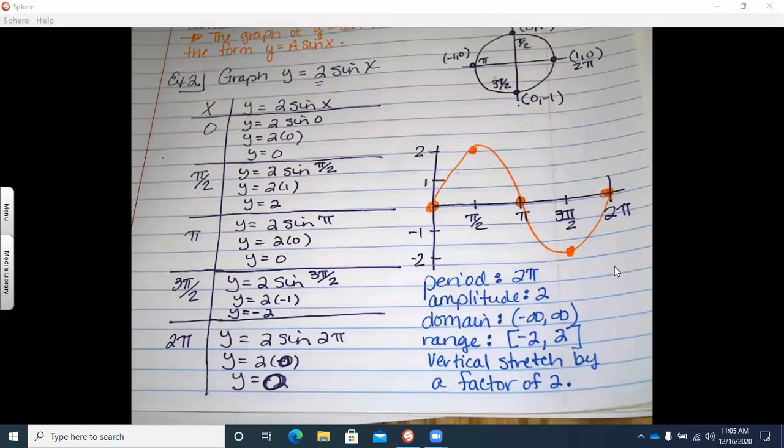Okay. Next page. This is my page 3. Like I said, we were going to write the definition of how you know if it's a stretch or a shrink vertically.